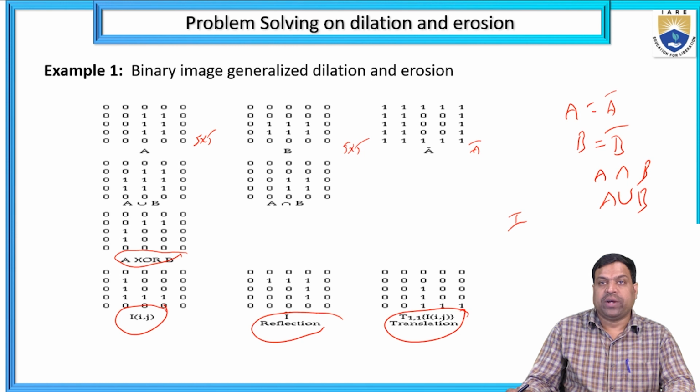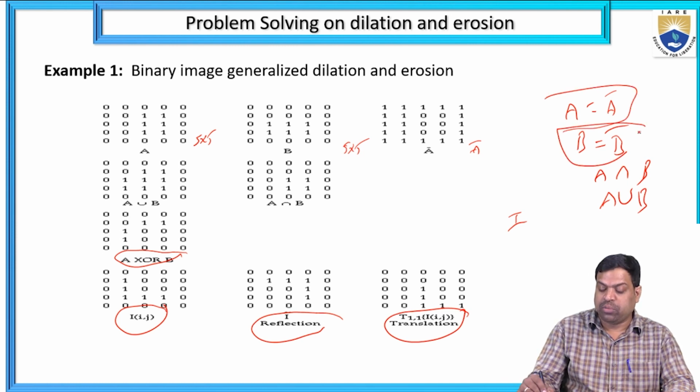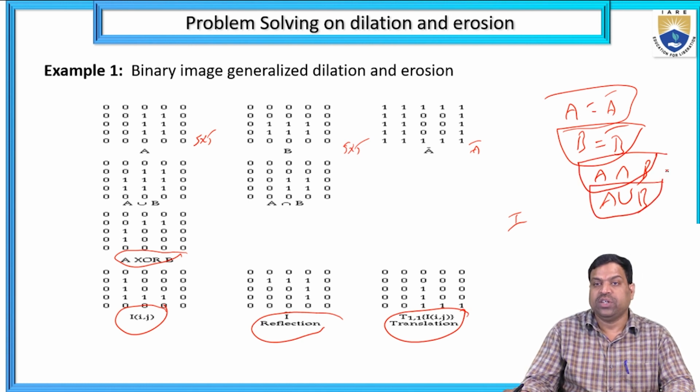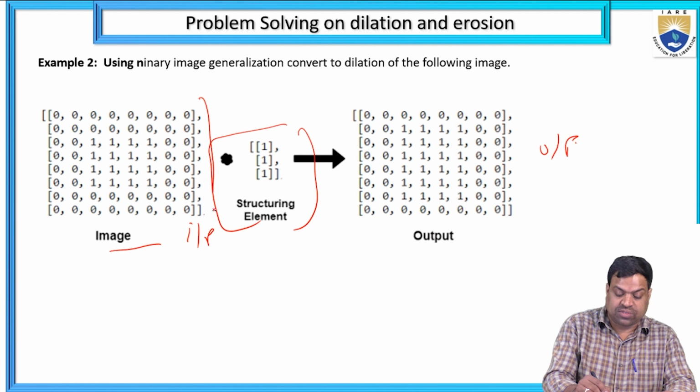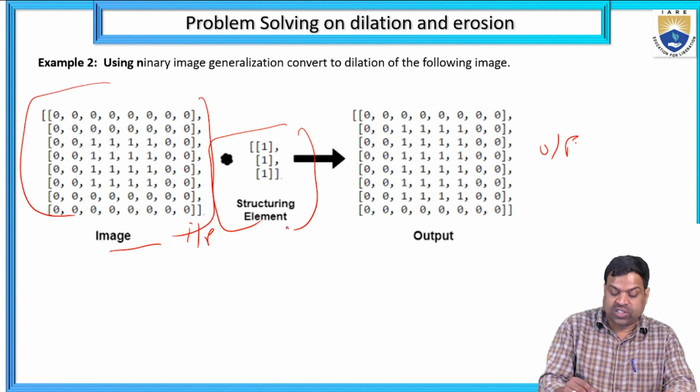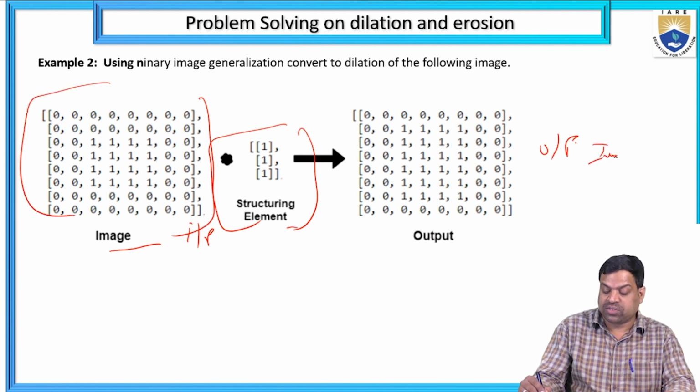This is one example of the binary generalization of dilation and erosion, with A complement, B complement, translation, and reflection. These are operations on binary images, and it is a generalization for converting the dilation of the following. This is the input image, the structuring element, and the output image.